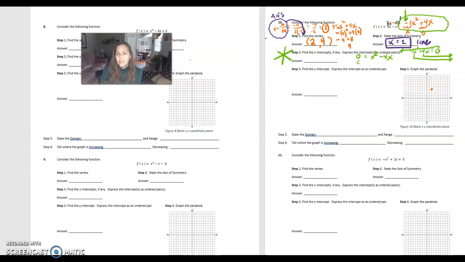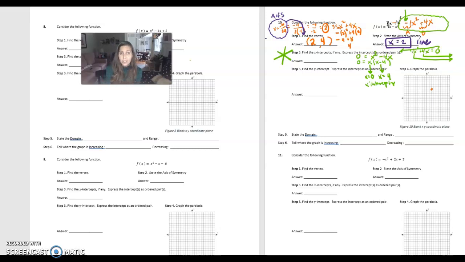Now I can factor this. This is actually a GCF problem. The GCF is x, and that leaves me with x minus 4. This is a factor, so I set it equal to 0, and I get x equals 0. This is another factor, and I set it equal to 0, and I get x equals 4. Now, these are your x-intercepts, but they have to be written as ordered pairs. That's on the sheet.